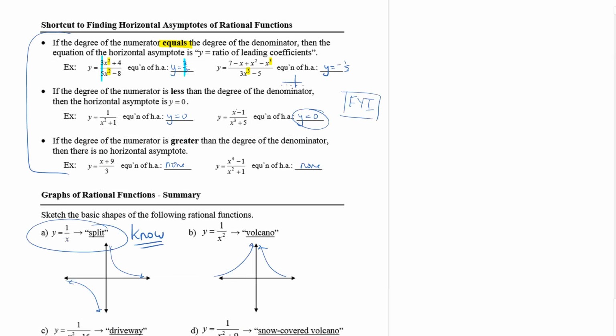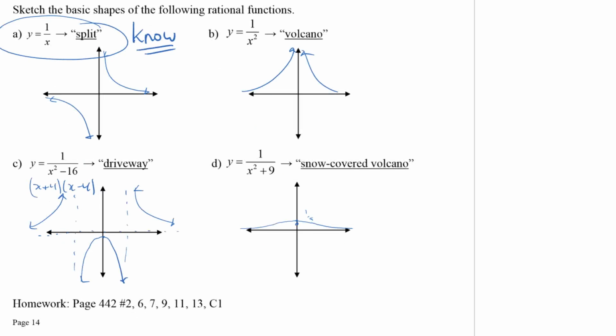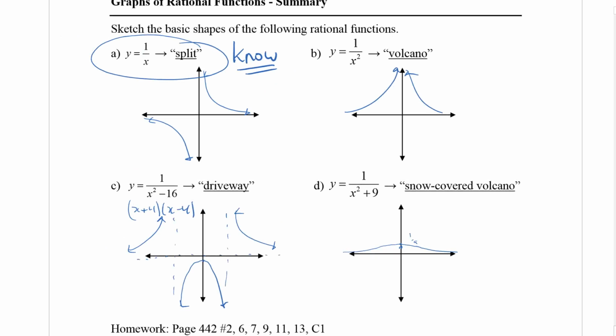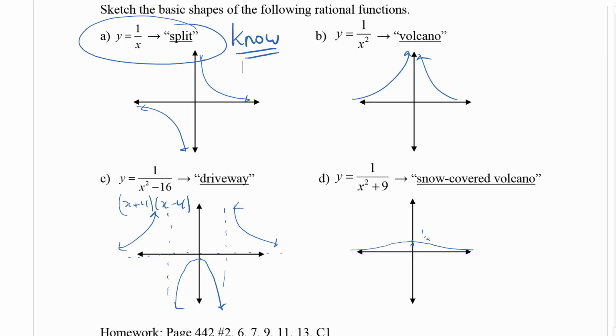These other ones, the volcano, the driveway, and the snow-covered volcano, not as likely that you'll be asked to graph that without any technology. You might be given a calculator, in which case you could plug in some x values, just like we were plugging some in, but I think it's a quick little key.